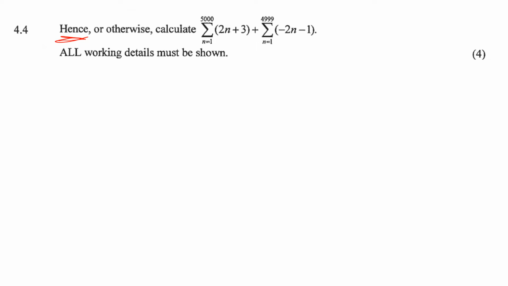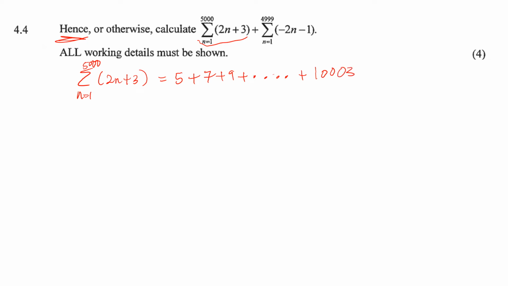So we know that from the previous question, we were able to expand the first part of this sum, right? Which was this sum here, and we managed to expand it to be 5 plus 7 plus 9 plus up until we reach the last term, which was 10,003.